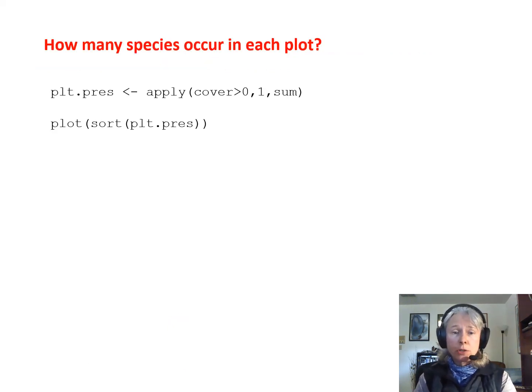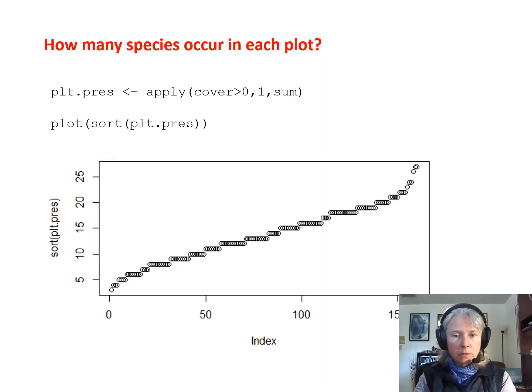Now let's get to richness and ask how many species are present in each plot. Once again, you'll use the apply function, like you did earlier, to assess species presence or absence, and then you sum that, which calculates the number of species in a plot. The resulting graph shows that there are between 3 and 27 species per plot.